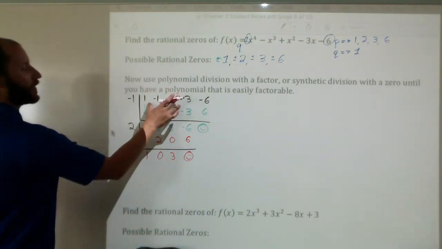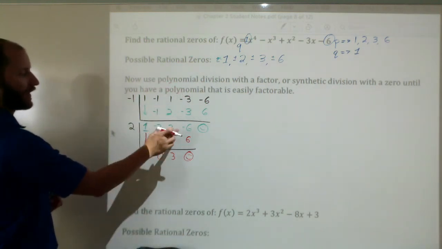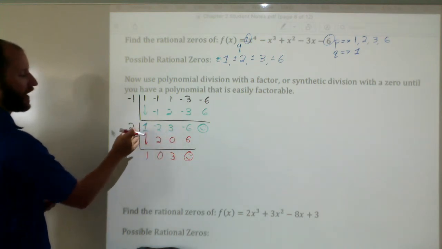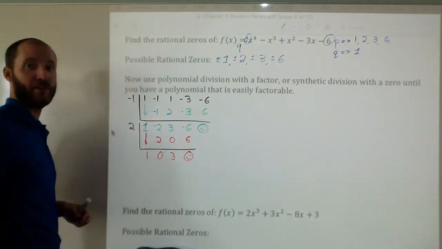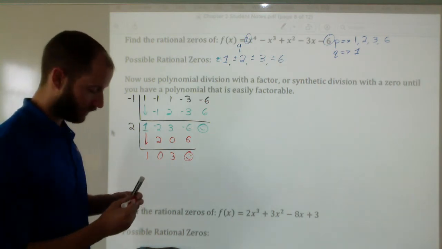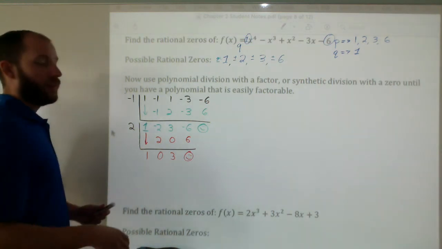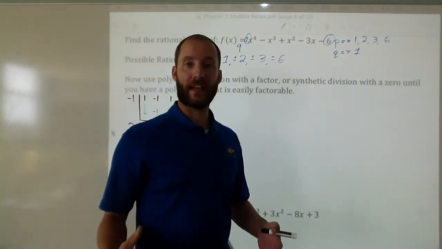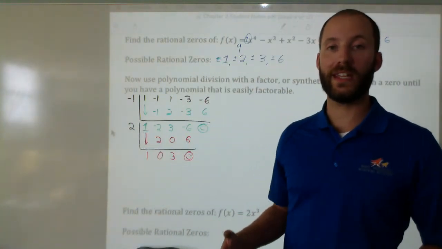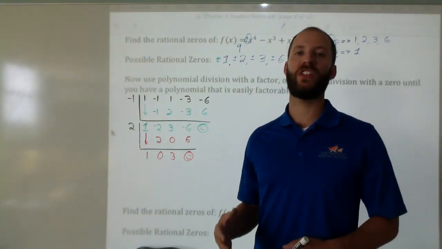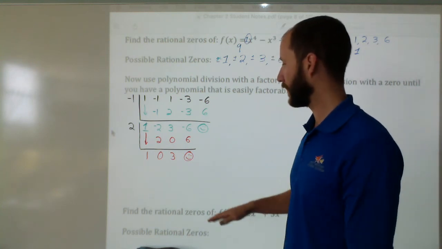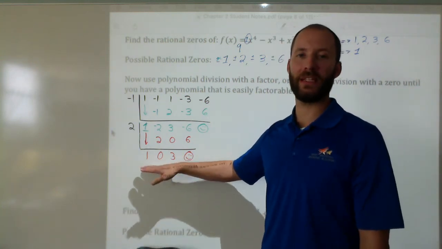So I had a quartic. I divided out this 0, I got a cubic. I divided out this 0, and I have a quadratic. Now here's the thing, this process of synthetic division only works if you have real zeros left to pull out. Kind of thinking ahead a little bit, this is a quadratic.